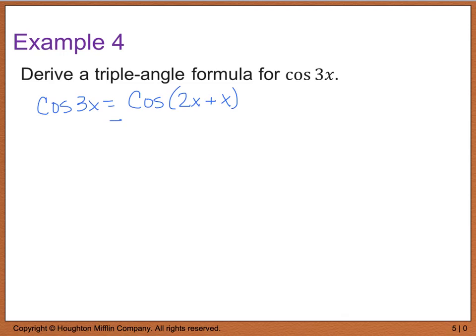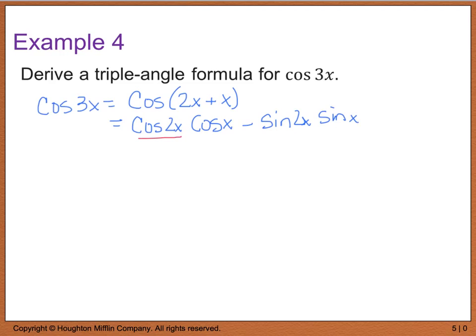Now when we do that, we can use the sum properties that we learned back in section 5.4, and we know that this gives us the cosine of 2x times the cosine of x, plus, minus, because this is a plus. So we'll go minus the sine of 2x times the sine of x.